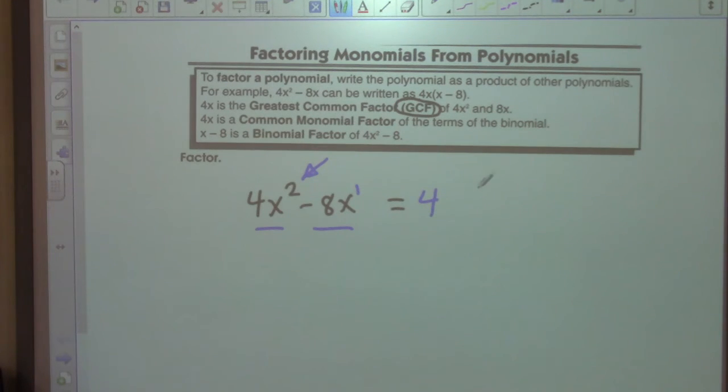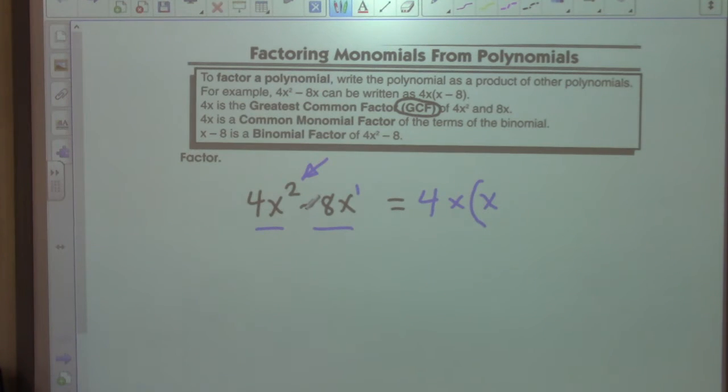Yes, x. Now after you write those, we've taken out the greatest common factor, and then you parenthesize out front and ask yourself: what times 4x equals 4x squared? Because we're trying to reverse distribute. It'd be just x, so we can check our work, because 4x times x is 4x squared.